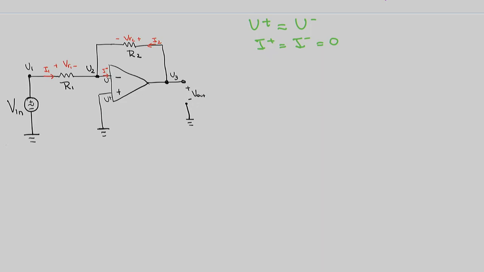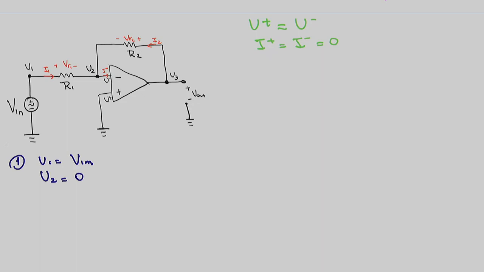Step number 1: let's label the voltages from looking at our potentials. What is U1? V in. What's U2? 0.